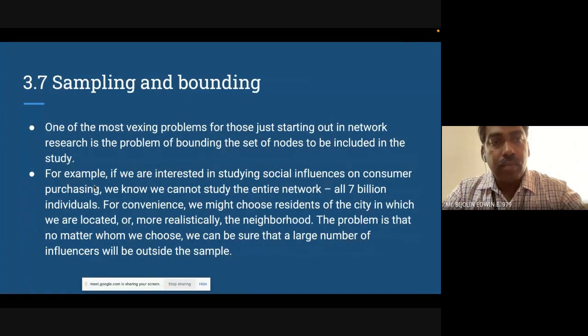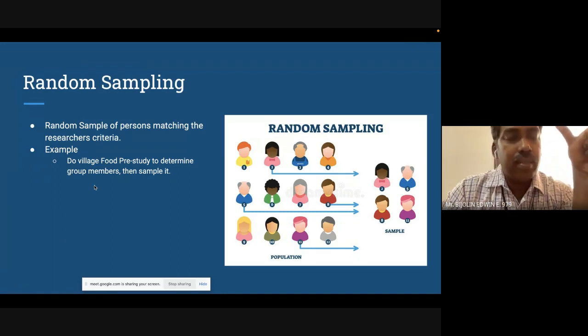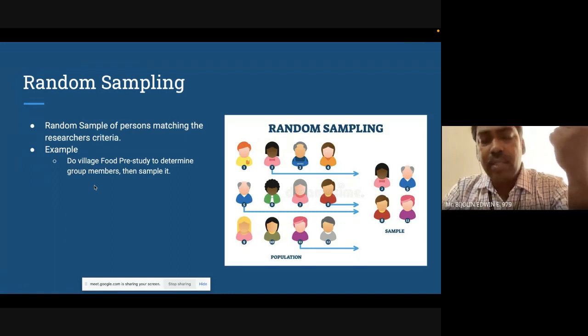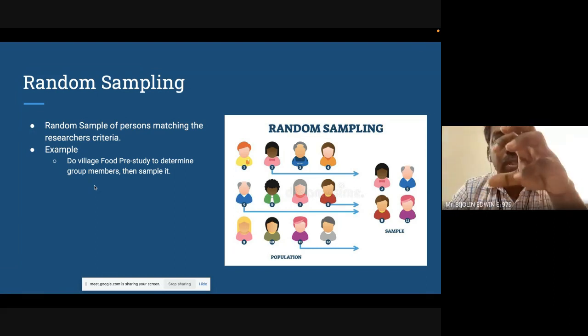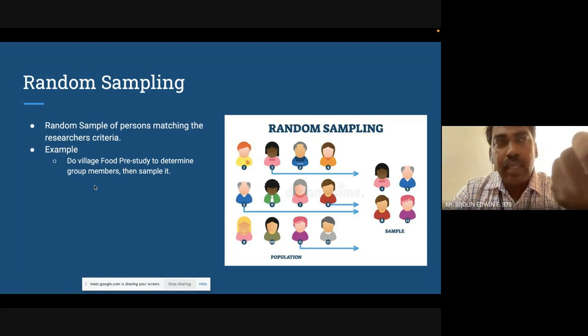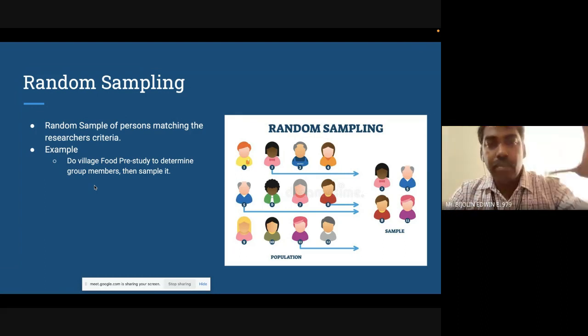And then the next one is sampling and bounding. When you take the concept of sampling, the name itself denotes it: extracting some important nodes or information from a group.